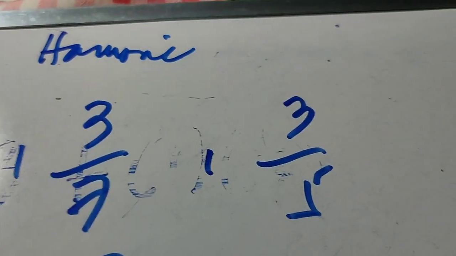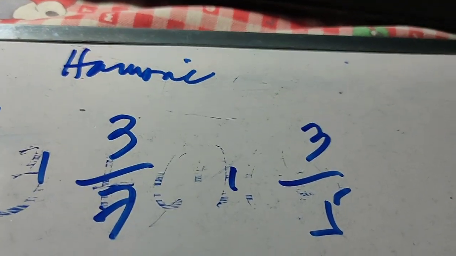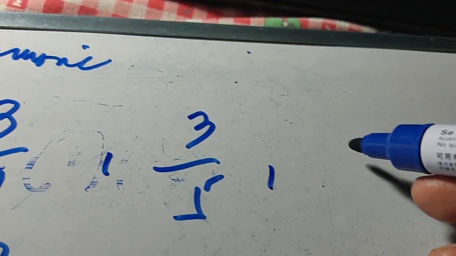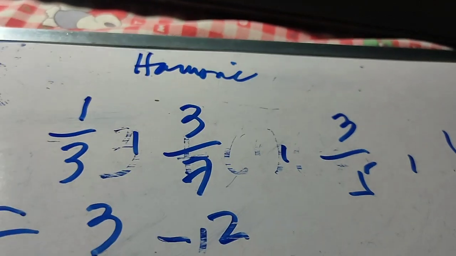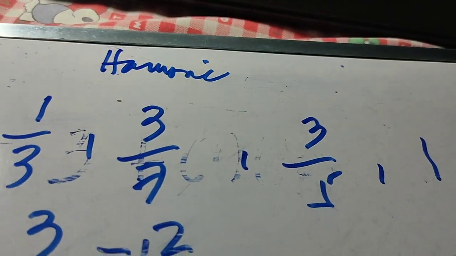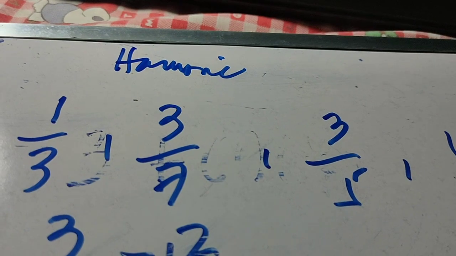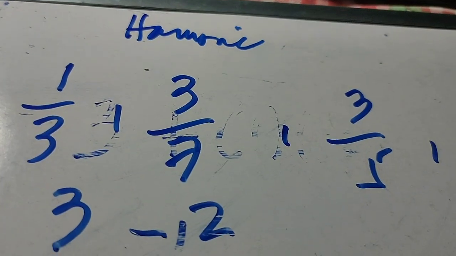Okay. So the last term is the number that was given, which is equal to 1. Okay, so we have 3 over 7 and 3 over 5. How do you know that it is the correct thing that we're doing?